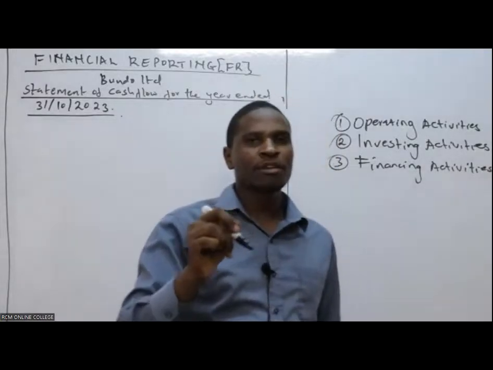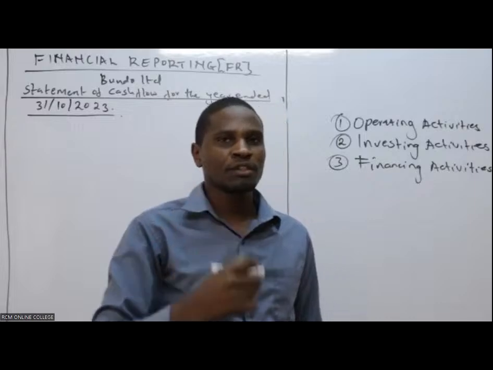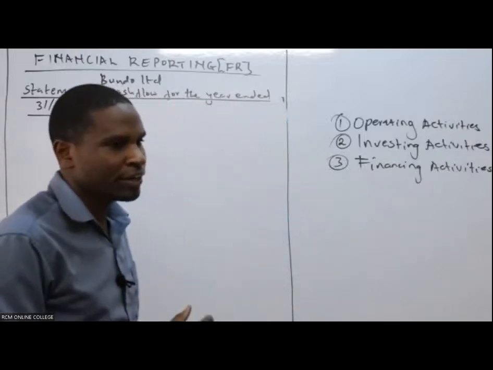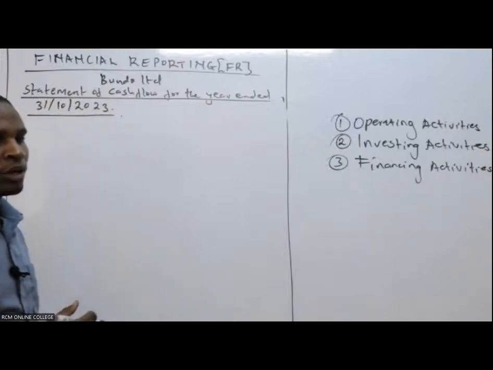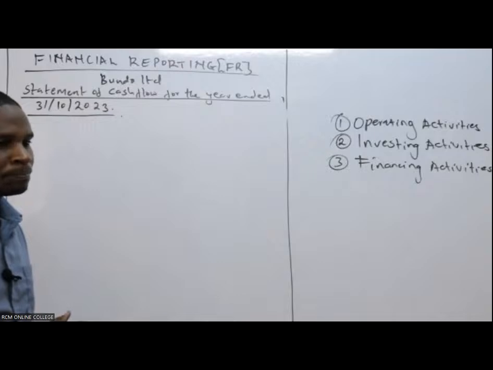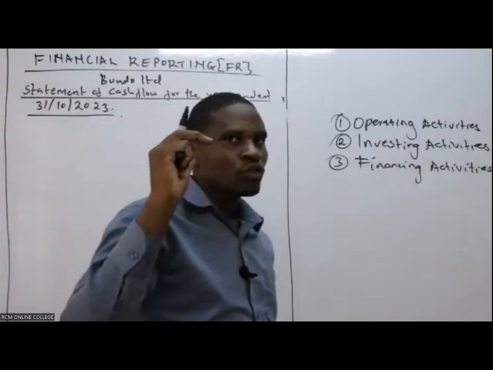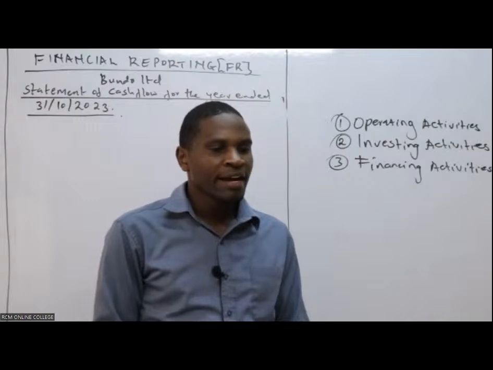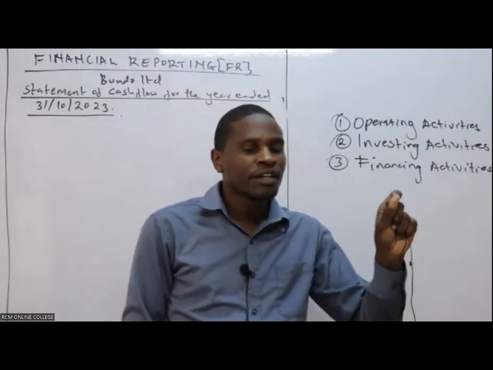Can somebody tell me what will be the next thing to do once you write the heading like that? Somebody? I'd like you to note that it is always good to check whether our figures are in million or whether our figures are in thousand.